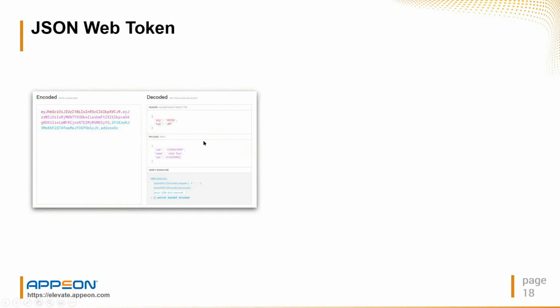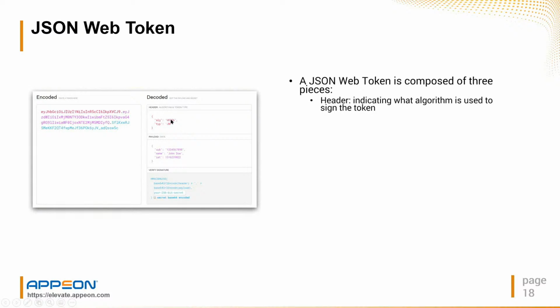Okay, the next item is JSON Web Token. That's an alternative to the OAuth token. I'm just going to cover a little bit of what the JSON Web Token is. There's three pieces. There's a header, you see it up here. It's all in JSON, but what the header indicates is what algorithm is being used to sign the token.